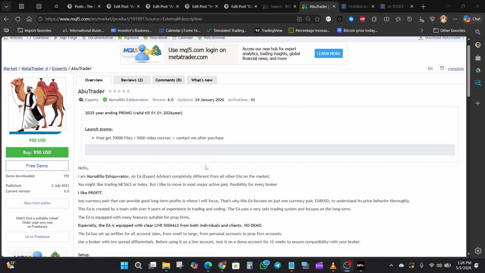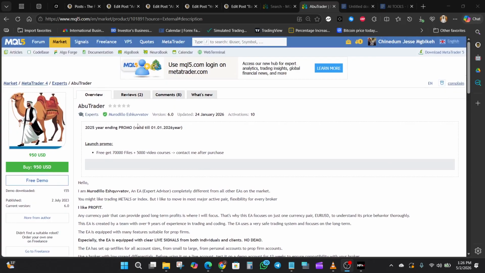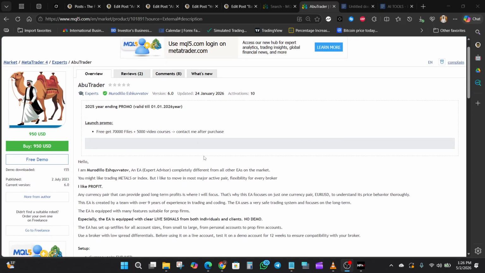Now, very important, the AbuTrader EA is designed for MT4. So ensure that you have the MT4 platform if you desire to use this EA. And we can see that it is priced at 950 US dollars, developed by Murodilio Eshkuvatov. I hope I pronounced the name correctly.